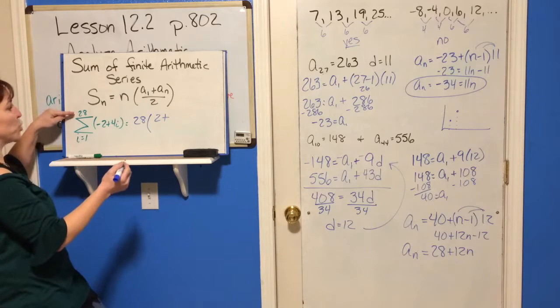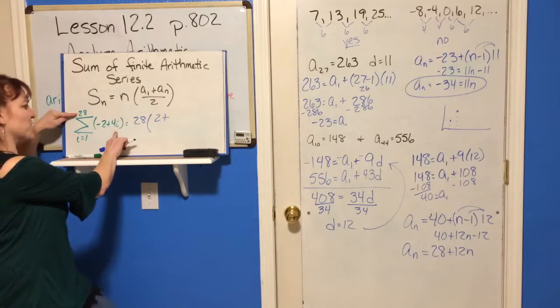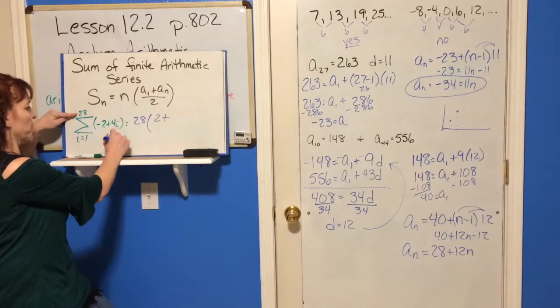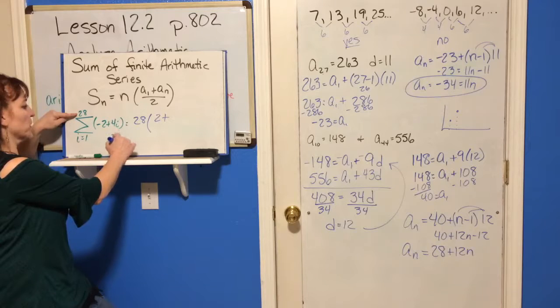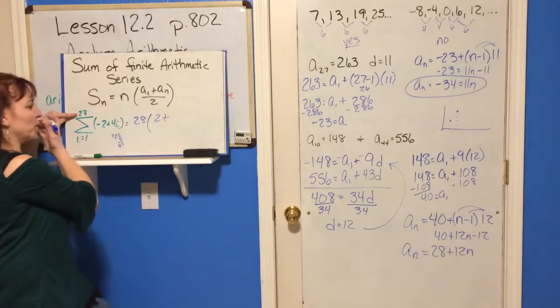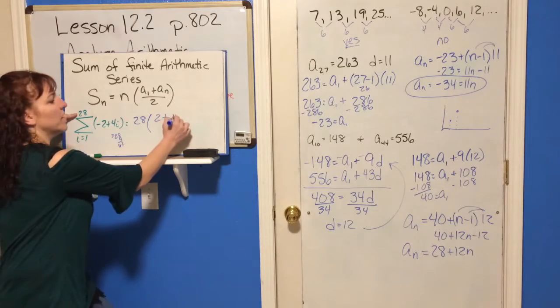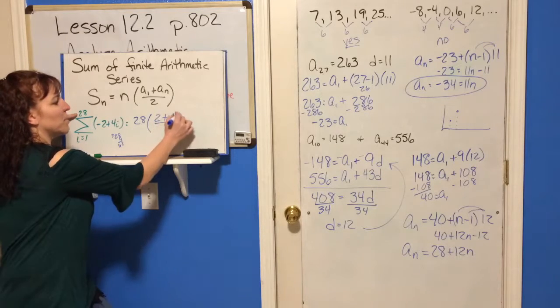The last term is if I put 28 in here. 28 times 4 is 112. 112 minus 2 is 110. And we're going to take the mean of those.